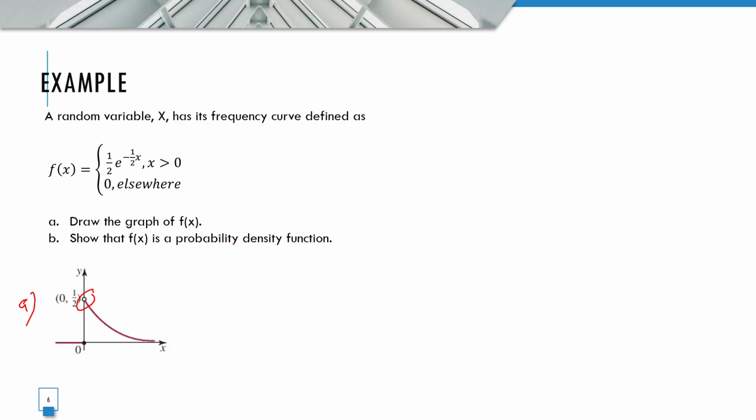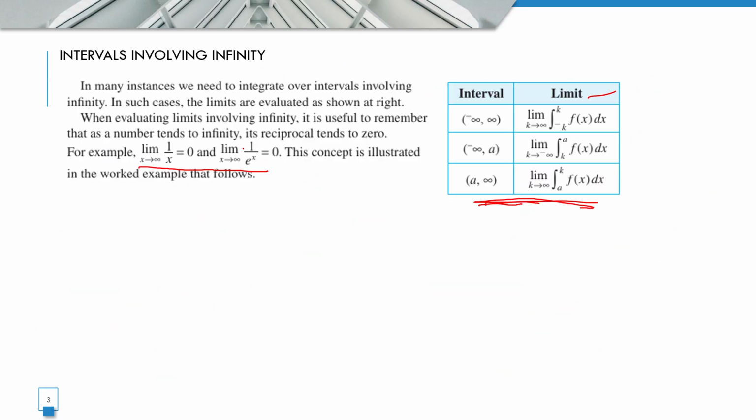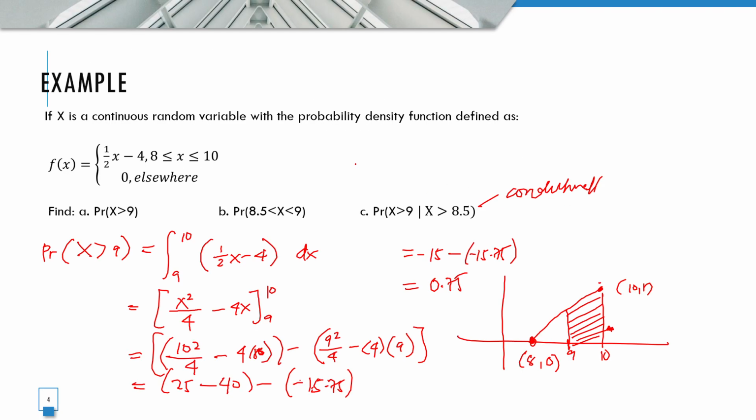If we're going to show that it is a probability density function, it should meet the requirements. Since x is greater than 0, from 0 to infinity, we're going to recall this principle, intervals involving infinity.